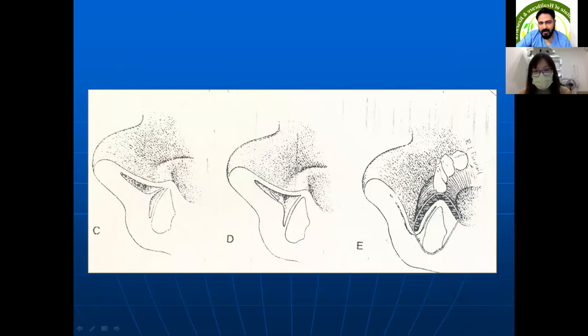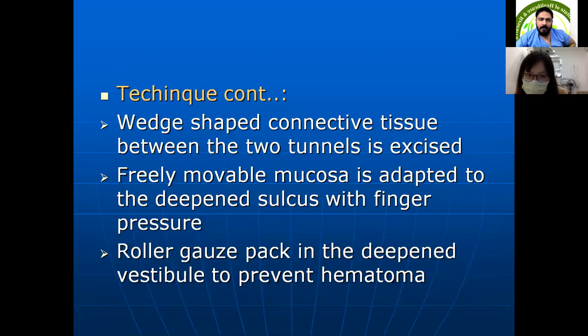So this is the transverse section like this. This is the depth you are attaining. And this is the lateral depth from the other side. So the wedge-shaped connective tissue between the two tunnels is excised. Freely movable mucosa is adapted to the deepened sulcus with finger pressure. A roller gauze pack is placed in the deepened vestibule to prevent hematoma.